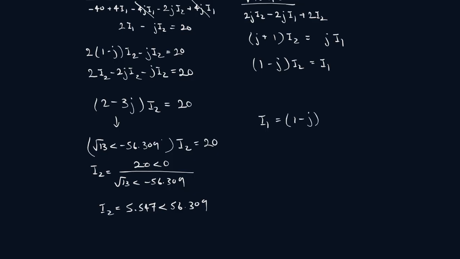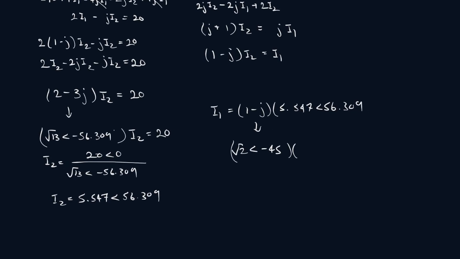So 1 minus j times 5.547 phasor 56.309. This value in phasor format, that's just square root of 2 phasor minus 45 degrees. And then we just have to multiply our magnitudes and add our phasors.